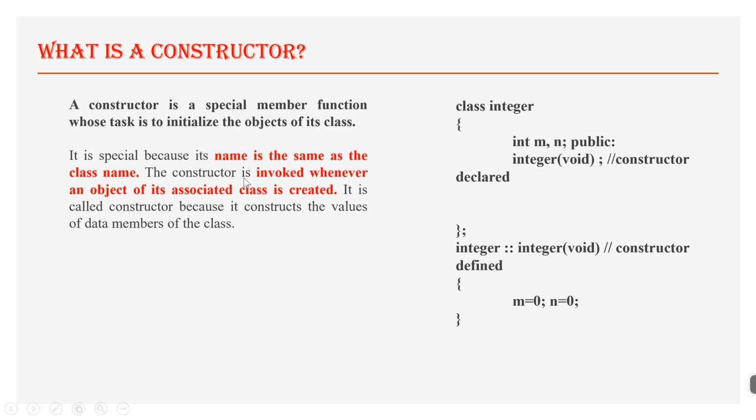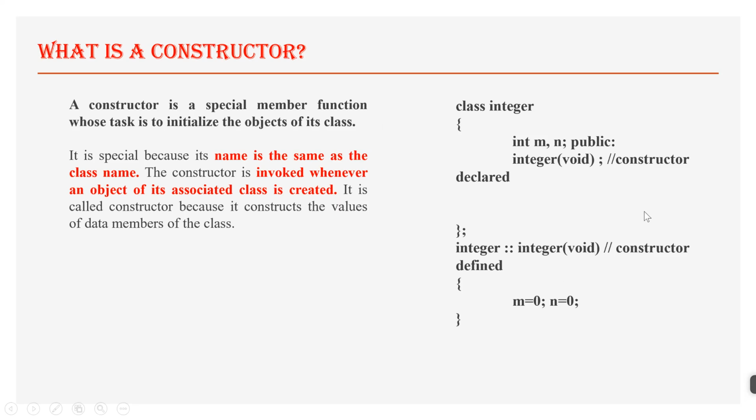The constructor is invoked whenever an object of its associated class is created. So suppose I create an object in the main program, for example, Integer A. So A is going to be an object of class Integer. At the same time, its members will be initialized to their initial values.